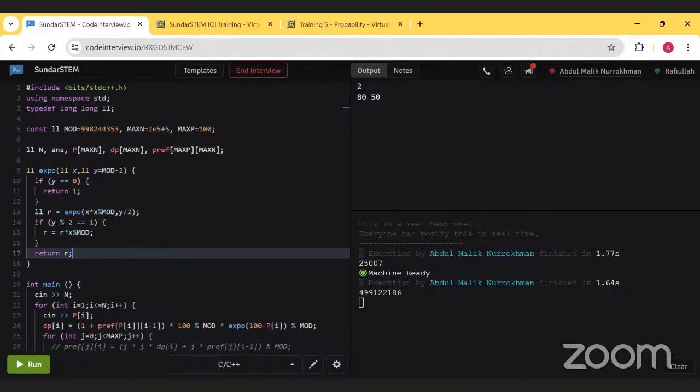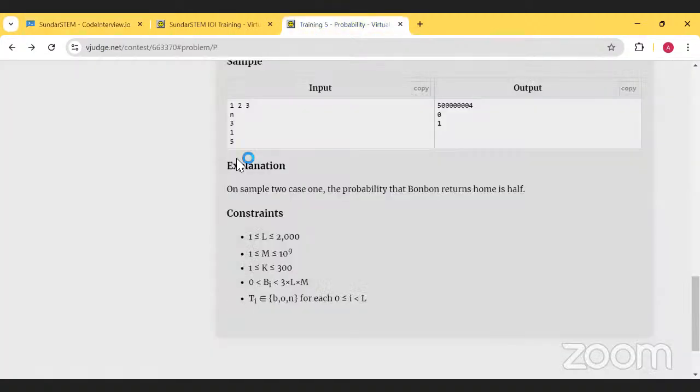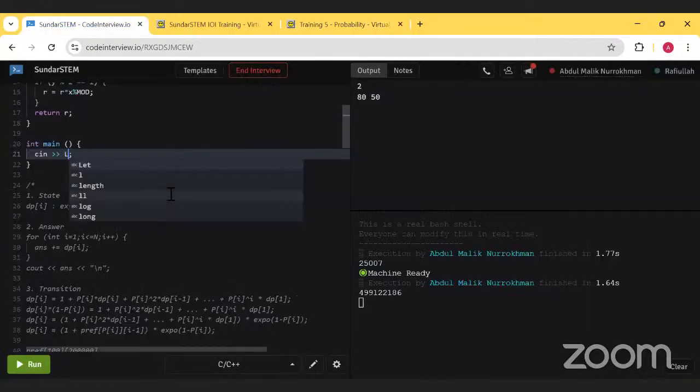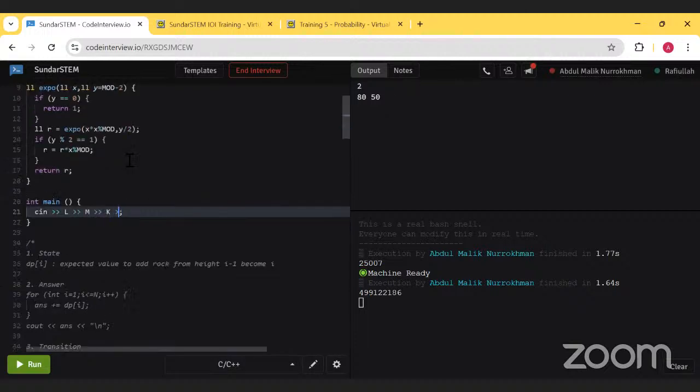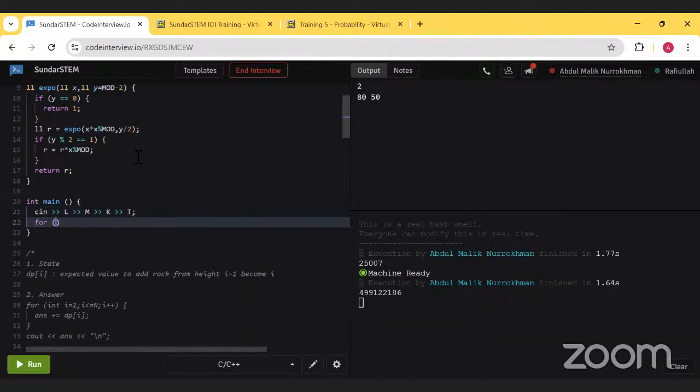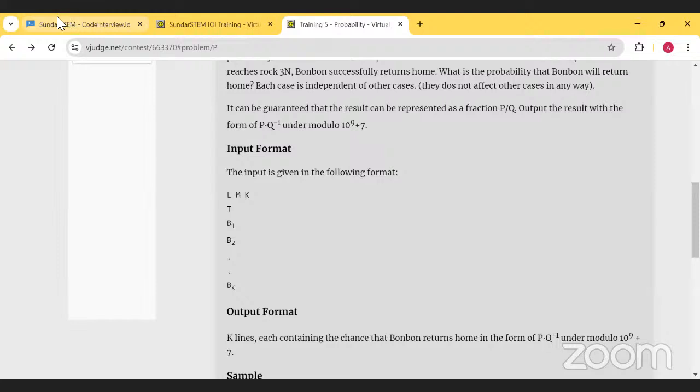Let's say we want to input one of the variables here, and then s, sorry, t, and then for each one until k, we want to input the node, let's say p.